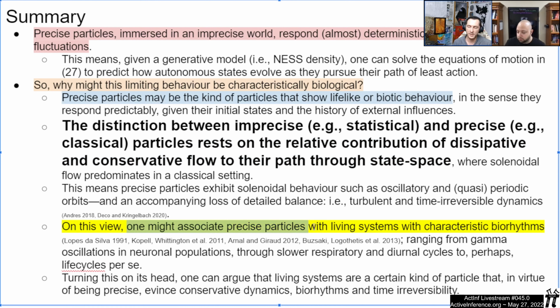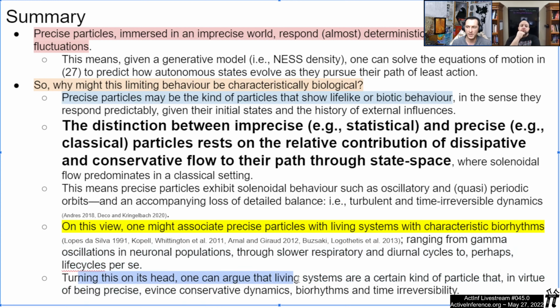One might associate precise particles with living systems with characteristic biorhythms, and then they bring up many, many nested biorhythms, from rapid oscillations that are multiple times per second in neural systems, heartbeat, respiratory, circadian, seasonal, life cycles, even pulling out to the evolutionary angle.